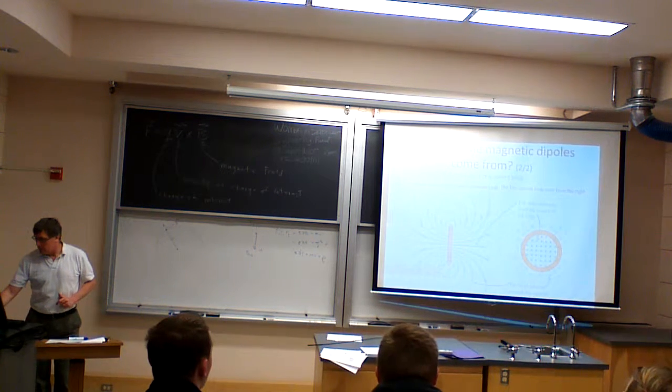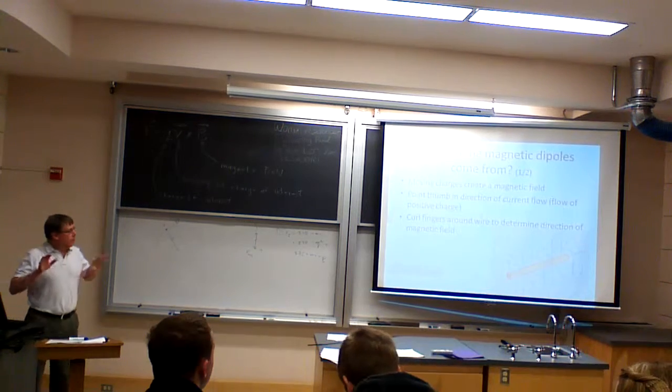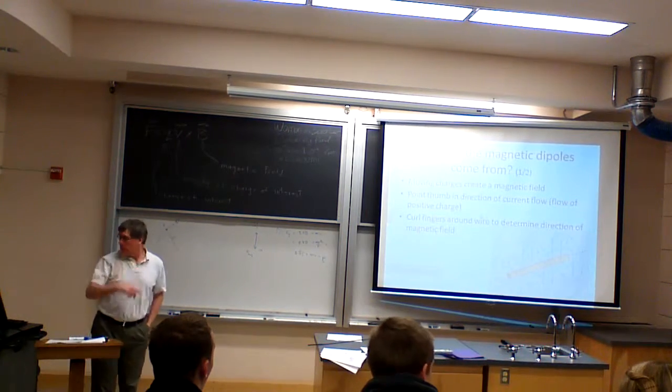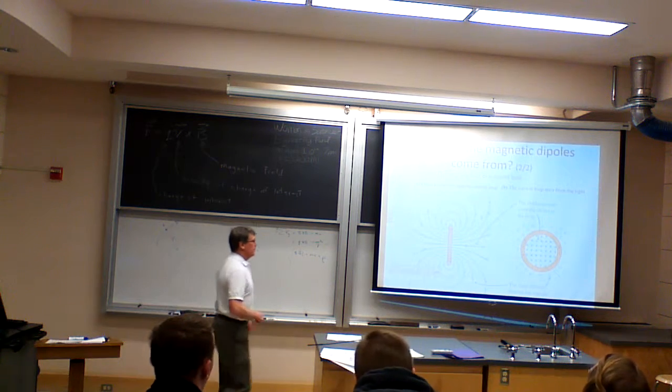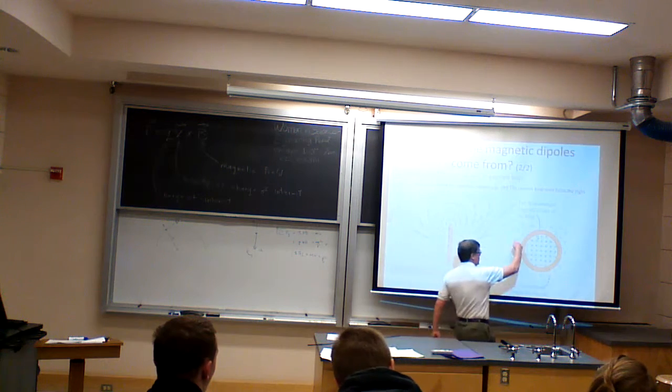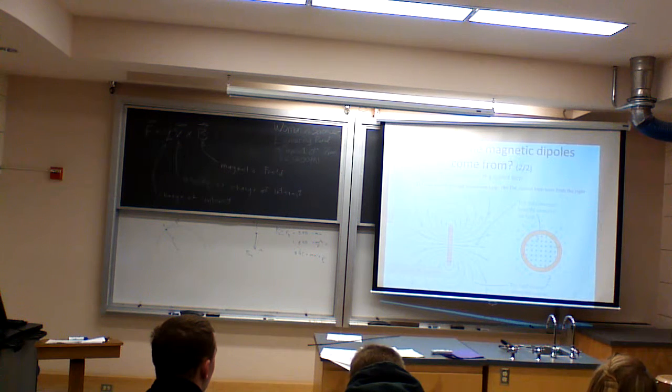Alright. So where do magnetic dipoles come from? Again, we talk about magnetic field around a loop. We wrap that wire in a loop. We have current circulating in loops or rotating charged bodies. Then we get magnetic fields.